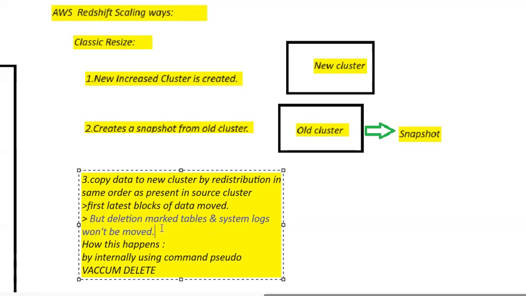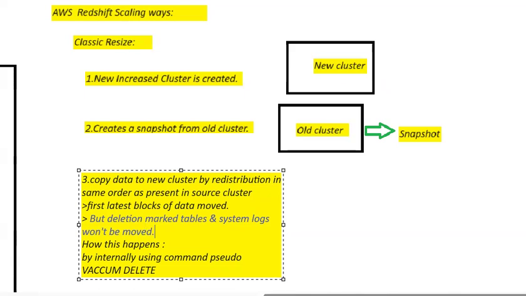You can see deletion marked tables and system logs won't be moved. And in addition to this, the retained system tables, that is, whatever tables we retain in our old cluster, won't even move to the new cluster here.